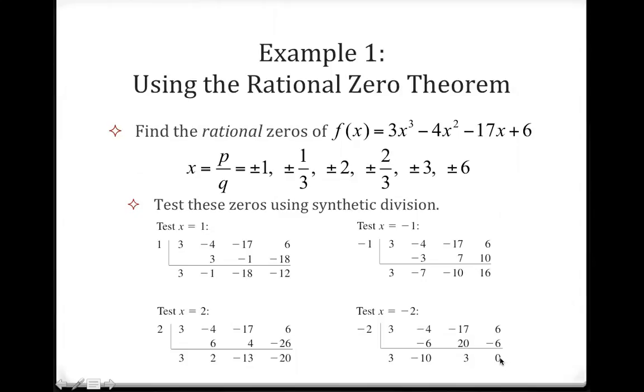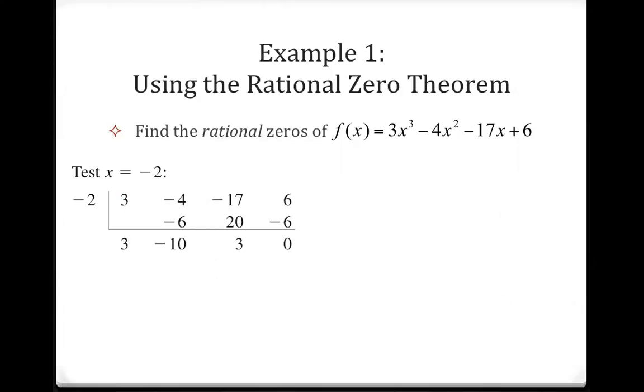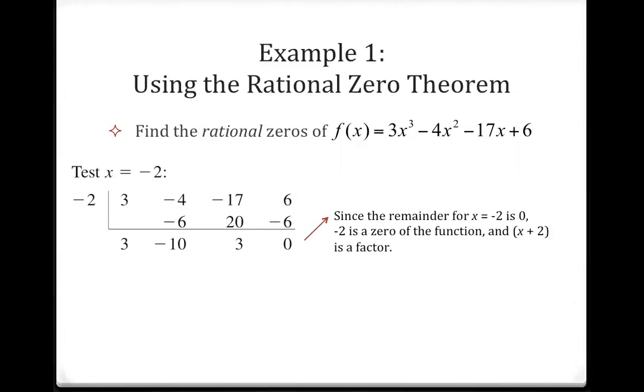So now that I have what I want, what do I do with that? Okay, so here's the result we got. Since the remainder for x equals -2 is 0, that tells me -2 is one of the zeros of the function, and it tells me x plus 2 is a factor of the function.